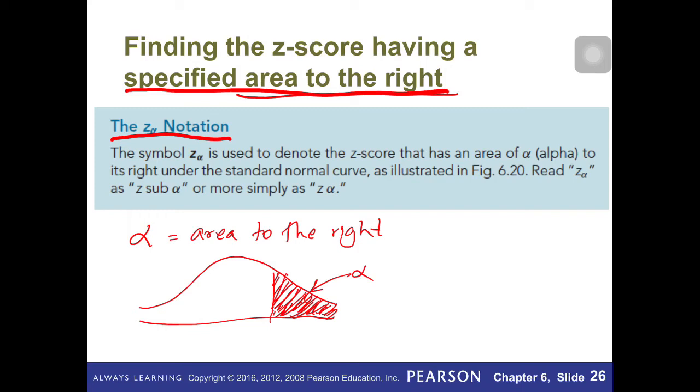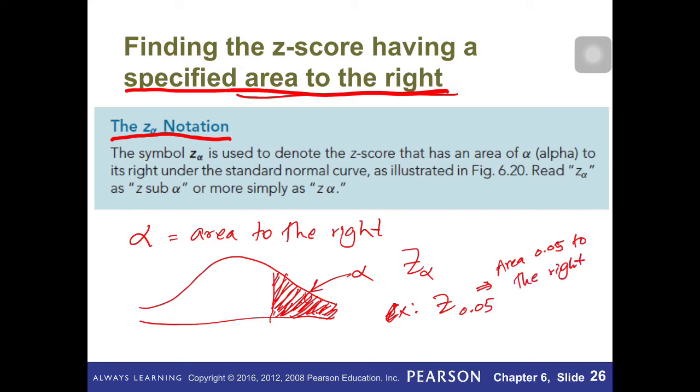The symbol z alpha, that's how we denote it. z means standard normal, alpha means that particular area. So for example, you can write z 0.05, which means the area 0.05 to the right.